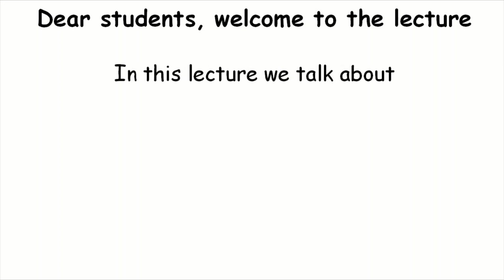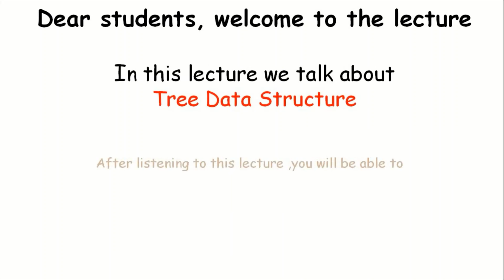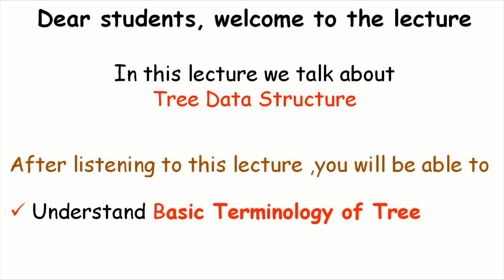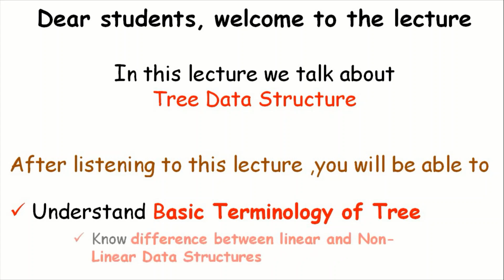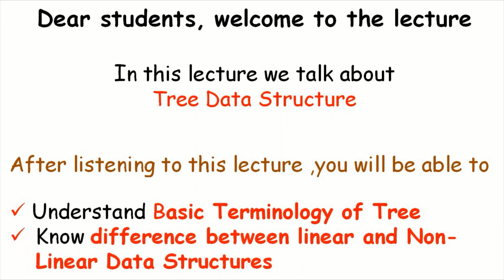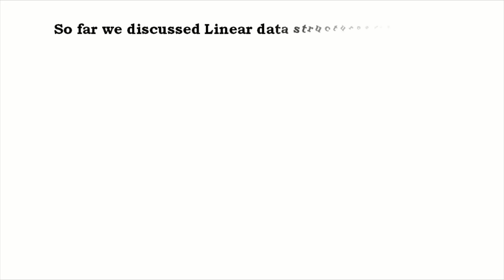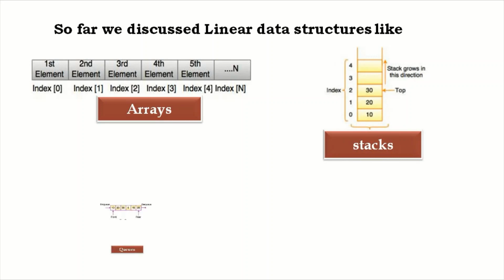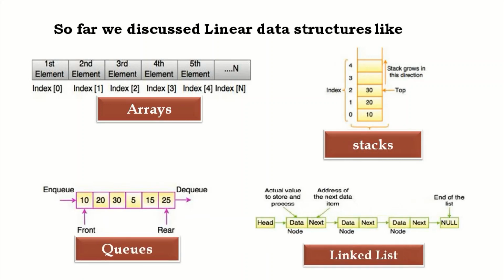In this lecture, we talk about tree data structure. After listening to this lecture, you will be able to understand basic terminology of tree and know the difference between linear and non-linear data structure. So far, we discussed linear data structures like arrays, stacks, queues, and linked list.